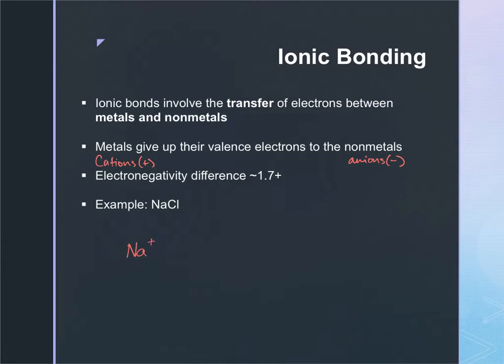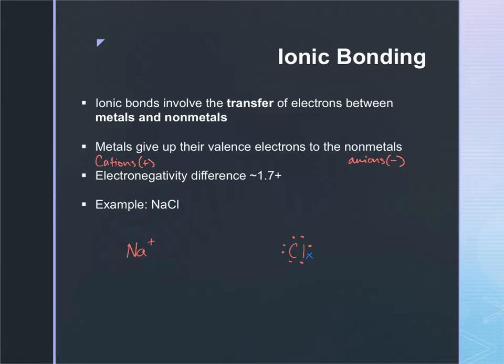Cl, on the other hand, is the nonmetal. It's an anion. So it starts out with 7 valence electrons here. And so when it becomes an anion, it gains the electron. You could either put it as an X or another dot. And when it gains an electron, it becomes stable.